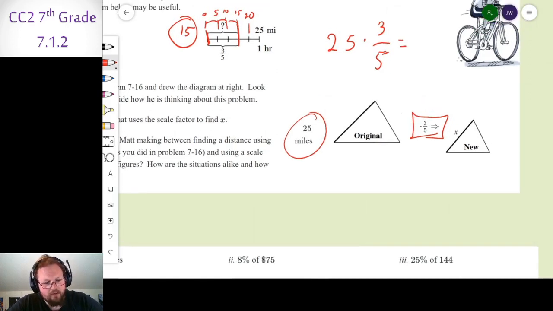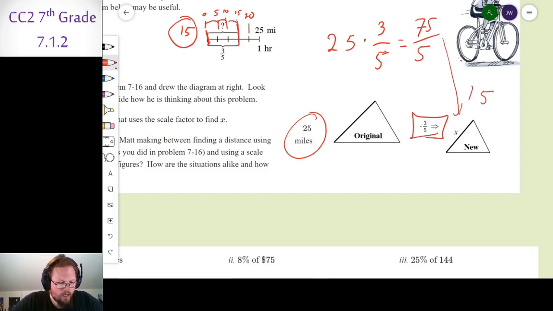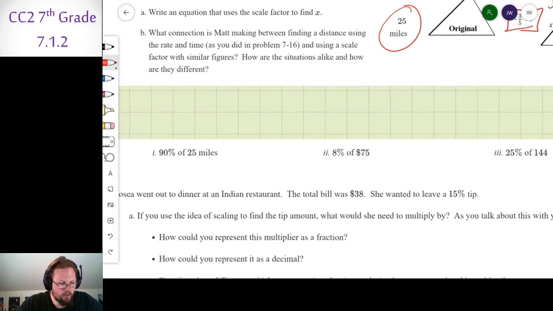You do 25 times 3 for the top, which is 75, over 5, which gives you 15, which is what we figured out earlier. The main idea is that instead of chopping it down into fifths or tiny little pieces, you can just multiply by the fraction or the decimal value.